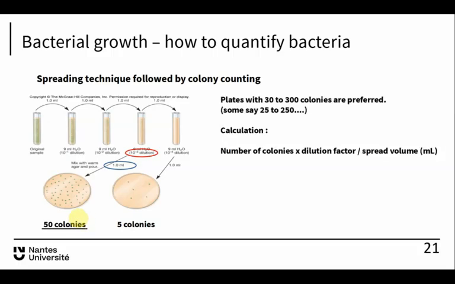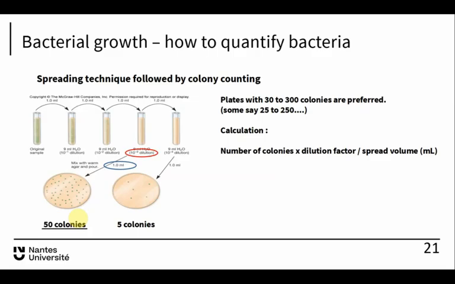And for the calculation, what you do is you choose the agar plates with between 30 and 300 colonies. Some people say 25 to 250 colonies. Plates with more than 300 colonies, you can't really count accurately because you have bacteria growing one on top of the other, and you can't be sure that one colony is really one bacterium.